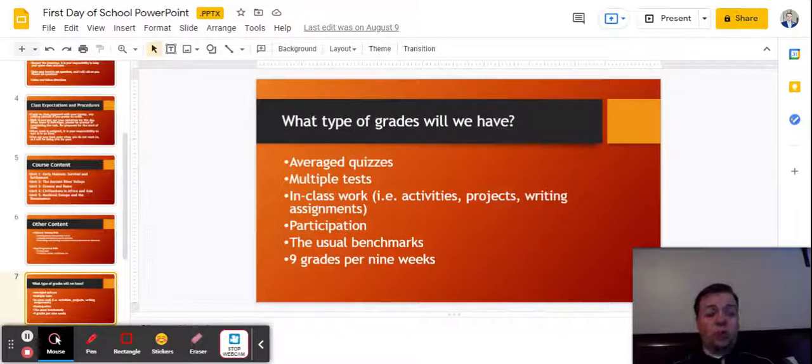The one thing I'm really not going to be using for grades is homework. That's because I am not planning to give any homework. Homework for me is essentially going to be studying for tests and quizzes. If we're doing something and they did not finish it in class, well, then I guess you can say that's homework.